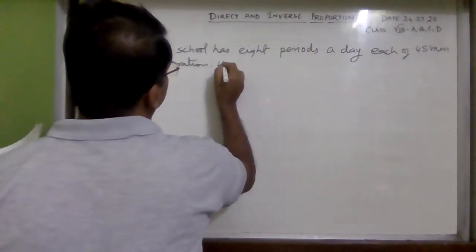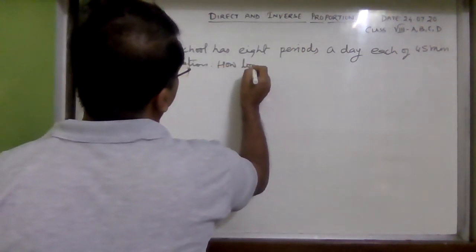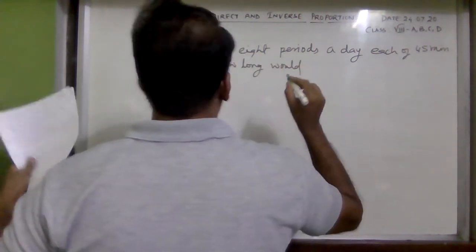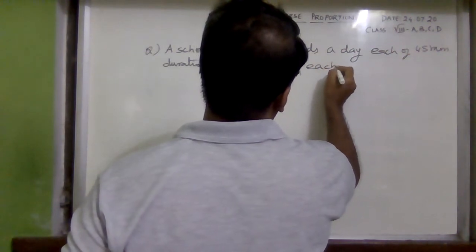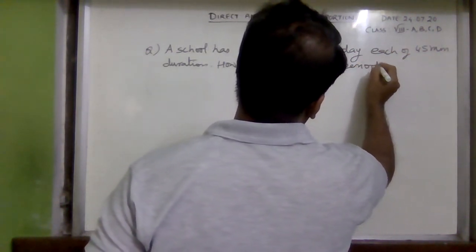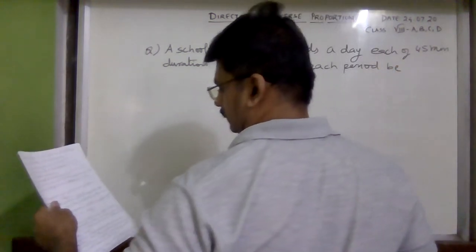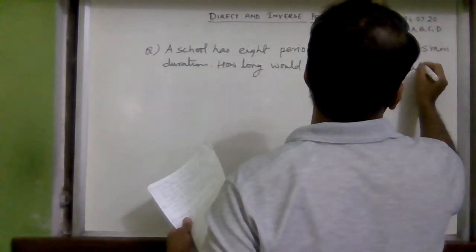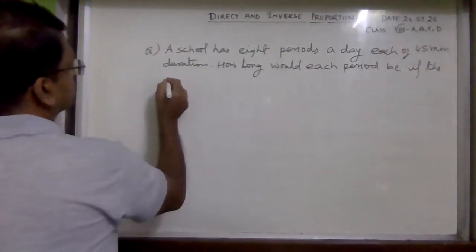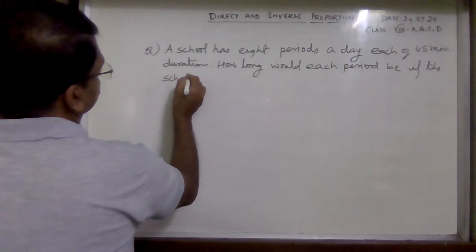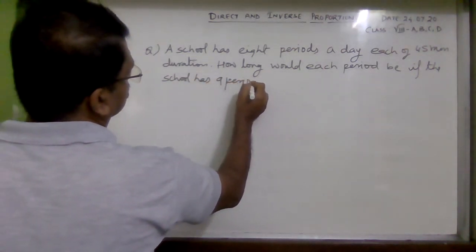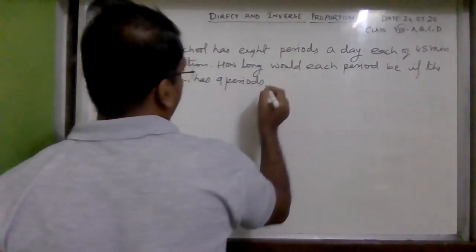How long would each period be if the school has 9 periods a day?